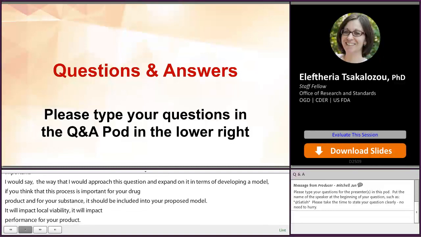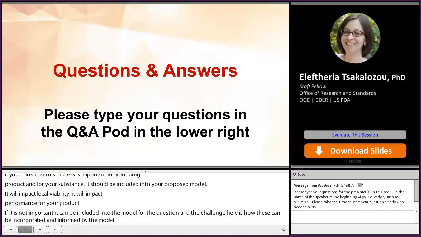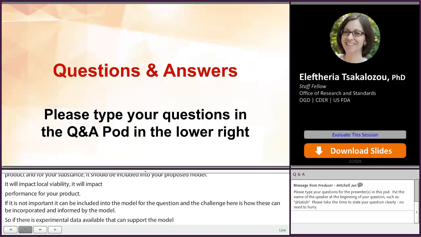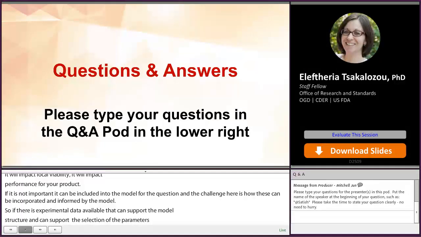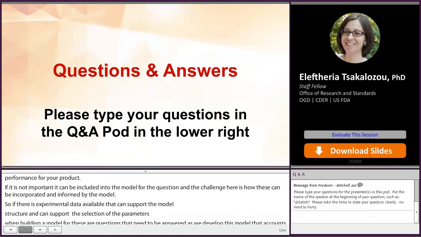The challenge here is how these processes can be incorporated and informed into the model. So is there experimental data available that can support the model structure, that can support the selection of the parameters when building a model? So these are questions that need to be answered as we're developing a model that accounts for these physiological processes. And again, if these are important for a specific product or a specific drug substance, then they should be accounted for in the proposed model.